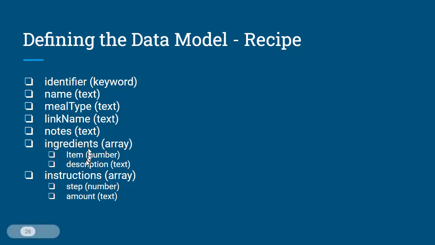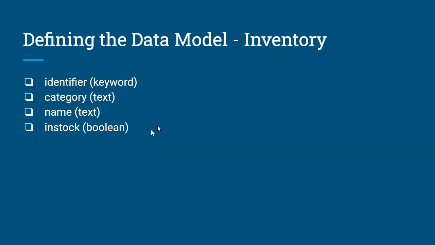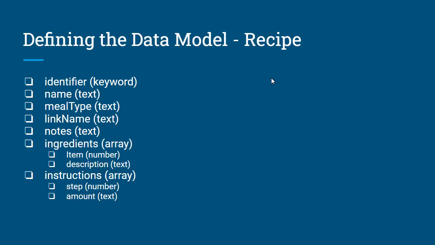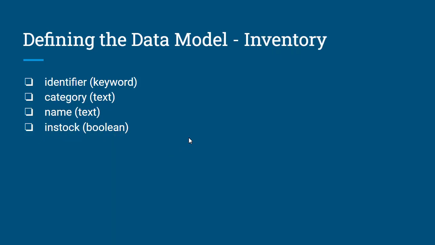Then there'll be a list. This will be an array. An array is basically a collection of items that'll have the item itself, and then a little description associated with that. And then the step-by-step instructions for how to do that recipe.